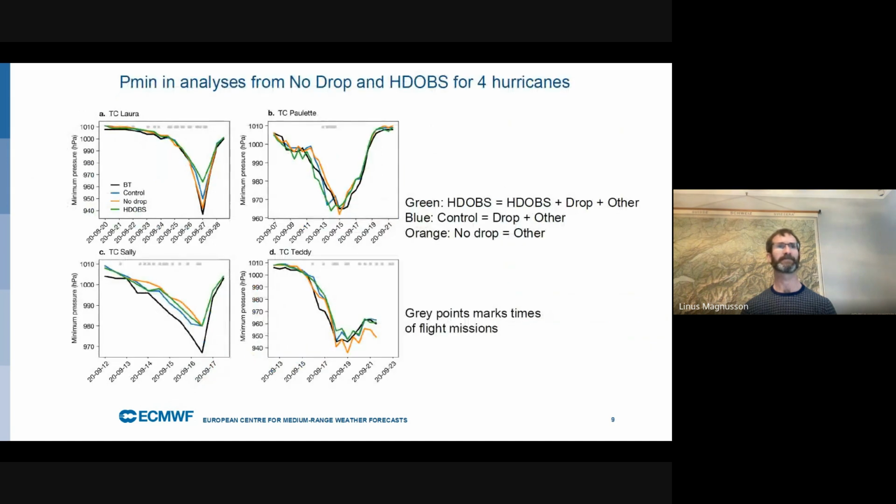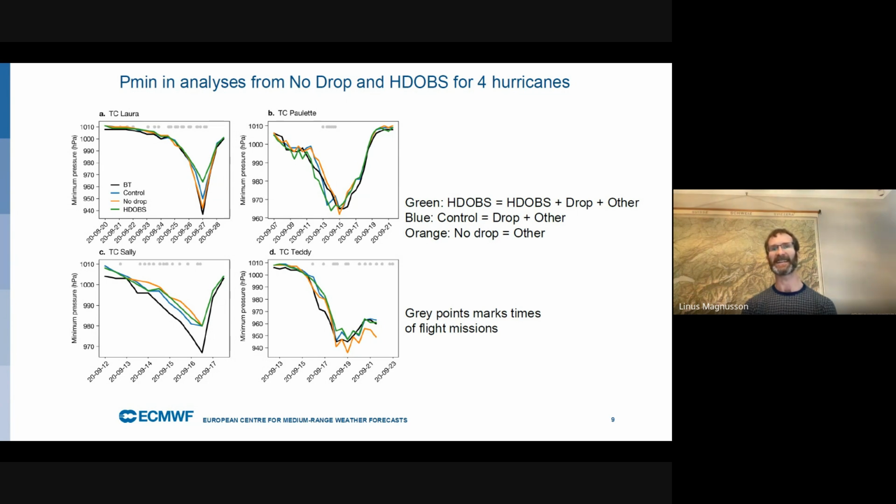Next. So let's look into the impact of drop zones and flight level data from HDOBs for the 4 hurricanes in the sample. We here see the best track minimum pressure in black.